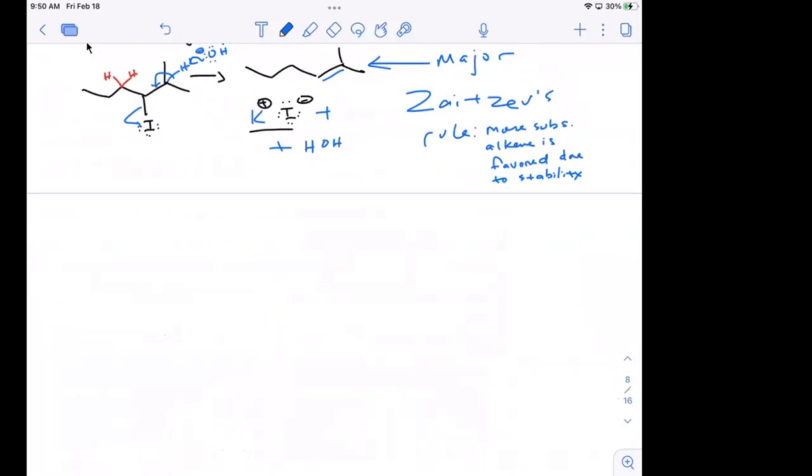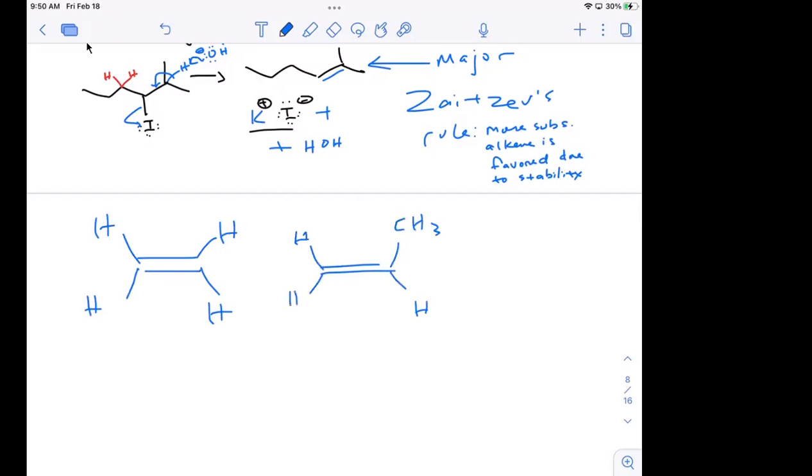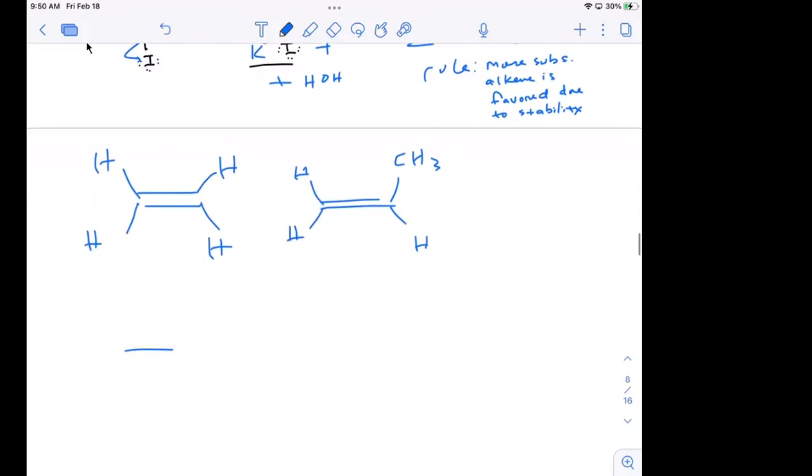All right, so remember in part one, when we talked about alkenes and stability, an alkene can be unsubstituted, so that's here, with no carbons, just all hydrogens. And then it can be monosubstituted, where it has one group, one carbon attached. It can be disubstituted. Trisubstituted.